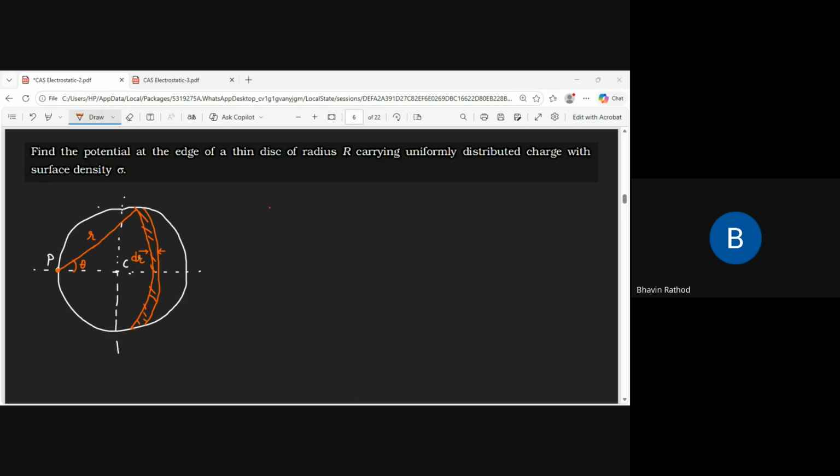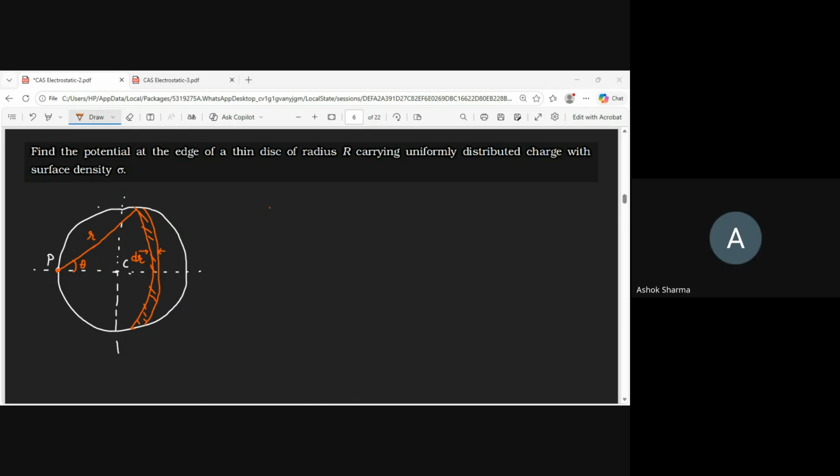So this ring that I have assumed is an element whose thickness in the diagram is dr. And obviously it will have the same thickness as the thickness of the disk. That thickness is normal to the plane of the diagram. That is how we are considering it. Clear on this, Rahul?